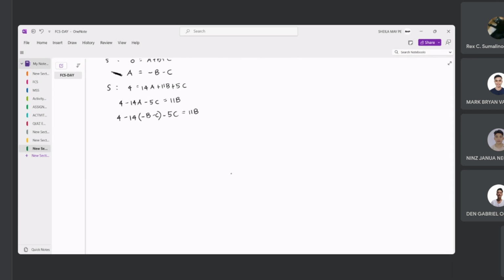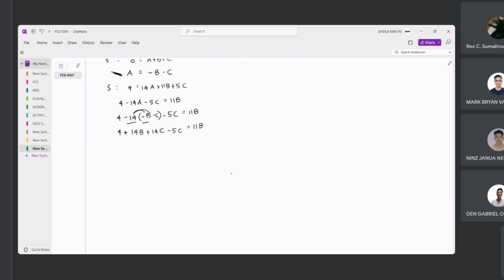Okay. So, that's 14 minus 4 plus... Negative 14 times negative B, that's positive 14B. Negative 14 times negative C, so that's positive 14C. Yes, ma'am. Okay, minus 5C equal to 11B.